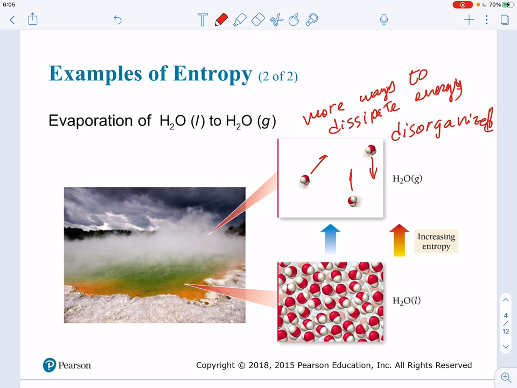That also comes from the fact that to get to the gas phase, you have to provide these molecules with a higher energy level. So you are providing energy to the liquid phase, and in order to dissipate that energy, they go into the gas phase, so that now that energy is being dissipated.